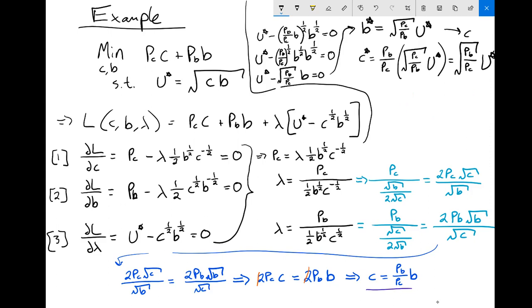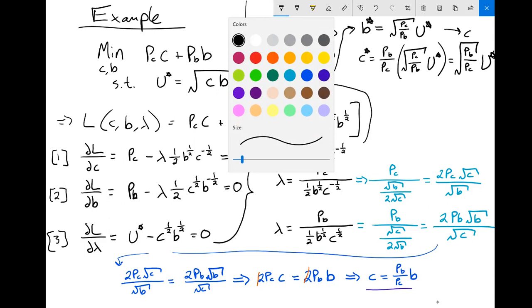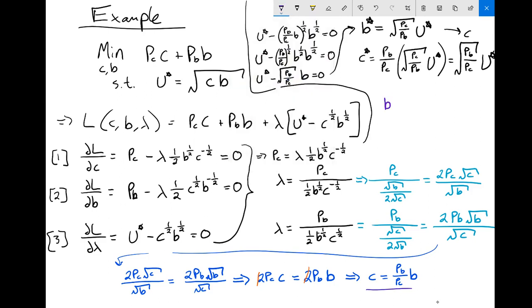Okay, so then let me just rewrite it. B star is square root of PC divided by PB times U star. C star is square root of PB divided by PC times U star.